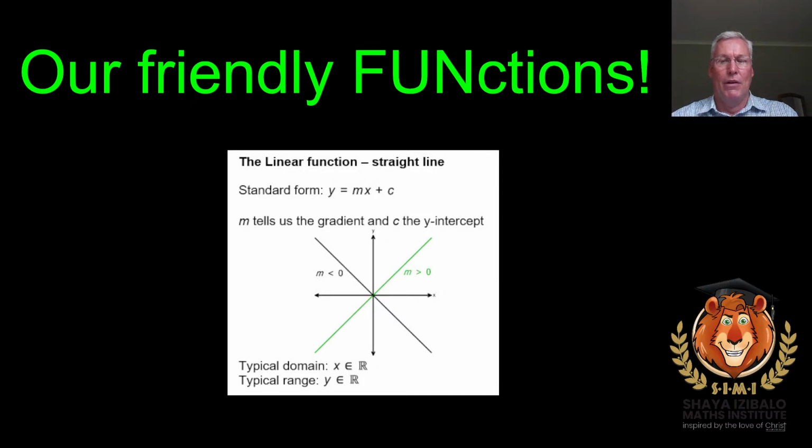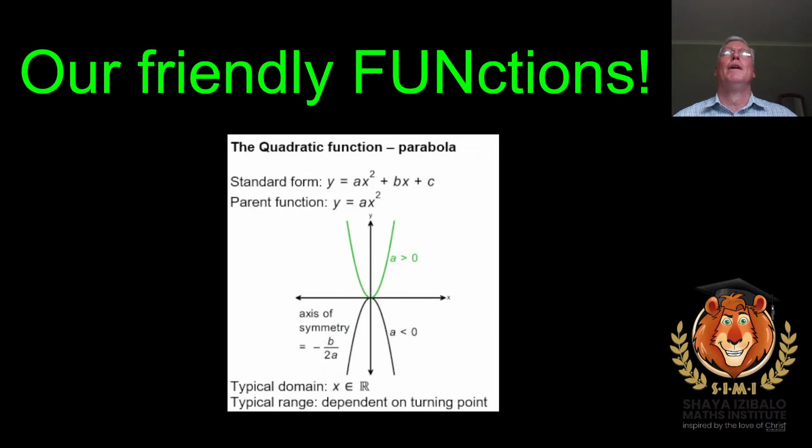Typically. The next one that we're going to look at is our quadratic function, the parabola, ax squared plus bx plus c. Remember, the sign of a determines whether the graph is concave up, like a cup, or concave down, like a frown. I'm really struggling to find out where my hands are. The parent function, what I often refer to as the vanilla flavored function without any adjustments, is ax squared.